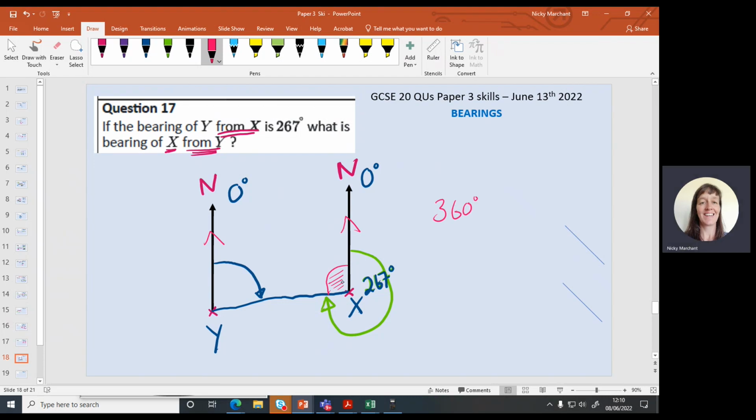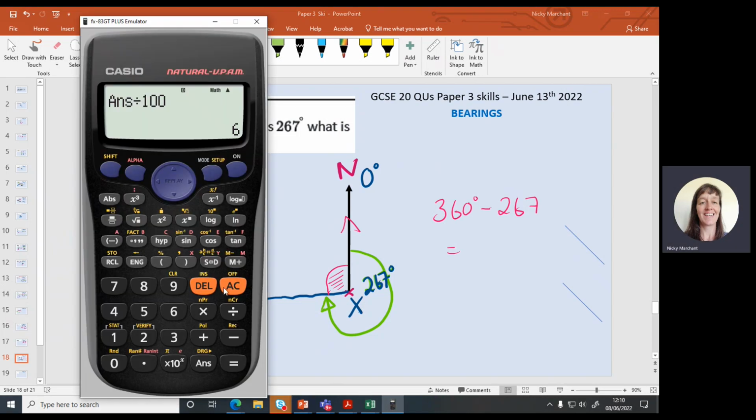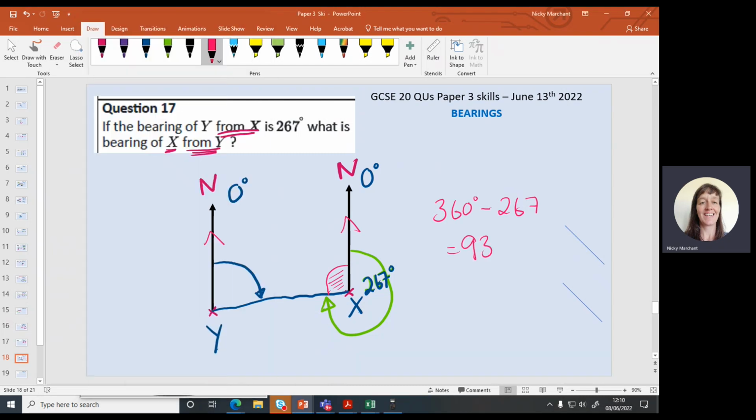So to find this pink one here, if I take away the 267, remember it is calculator exam, 360, take away the 267, type it in twice very carefully, 93 degrees. So that little pink bit there is 93 degrees. That is not our final answer. I'm going to label it on here. Everything you can label in a diagram will also help pick up some marks. I want to find this one.